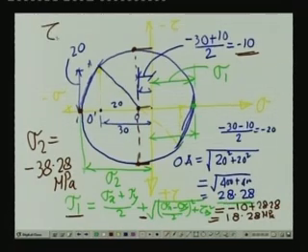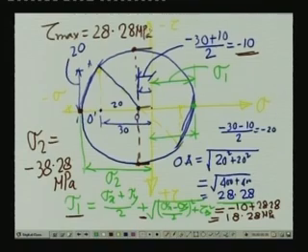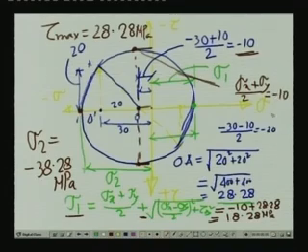So, tau max, the maximum shear, is equal to 28.28 MPa, and the corresponding normal stress on the planes where the maximum and the minimum shear stress occur is equal to sigma x plus sigma y by 2, which is equal to minus 10 MPa.